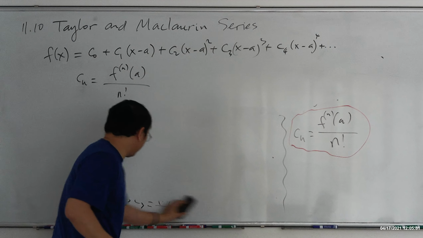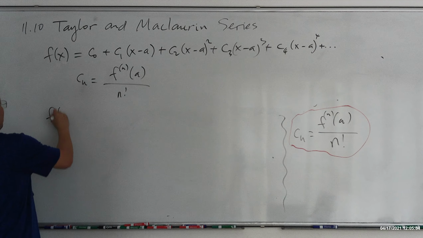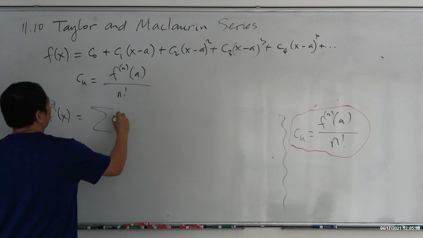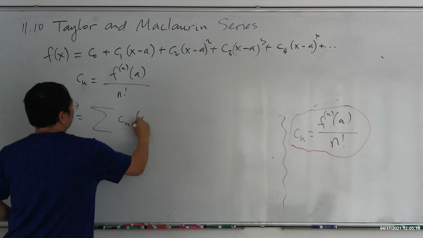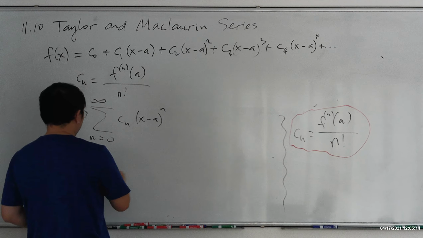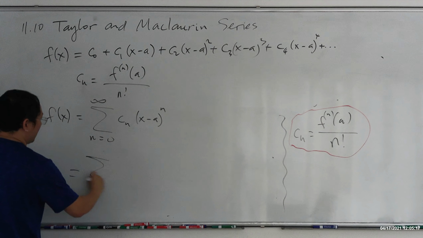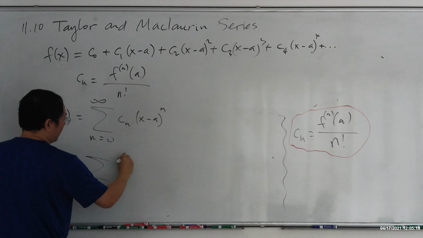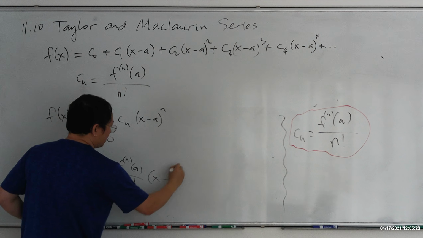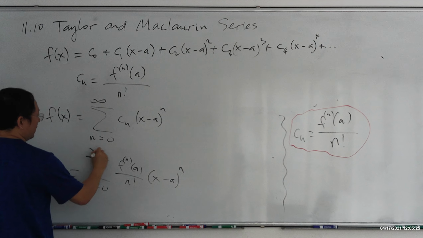Or combine them together, you can write it this way. f of x is equal to the sum of Cn (x minus a) to the n, with n running from 0 to infinity. And this is actually equal to the sum of f^(n) of a over n factorial times (x minus a) to the n, with n running from 0 to infinity.